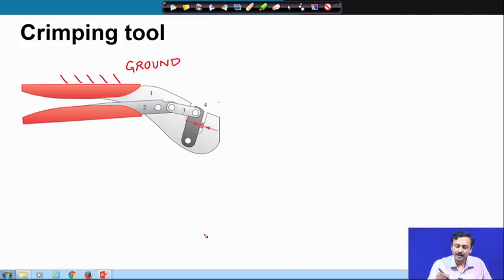Then I find that on that ground there are 2 kinematic pairs, this and this. So, I draw two kinematic pairs which are grounded.